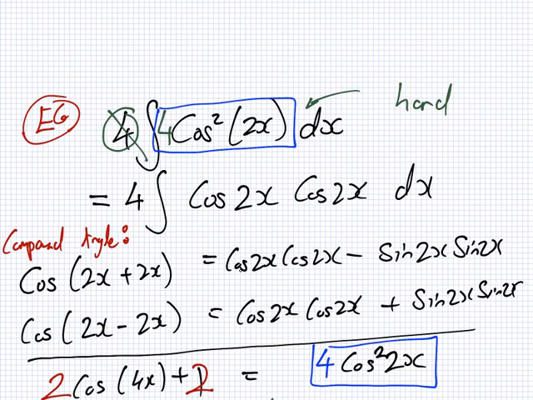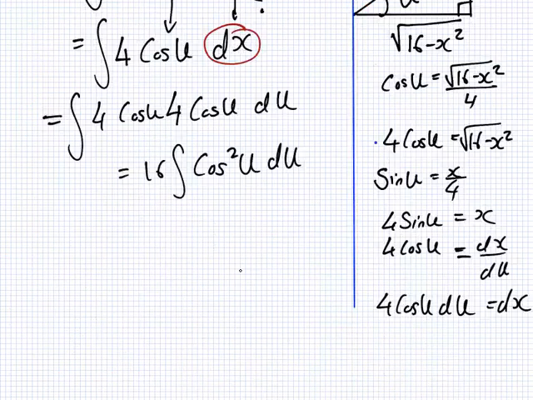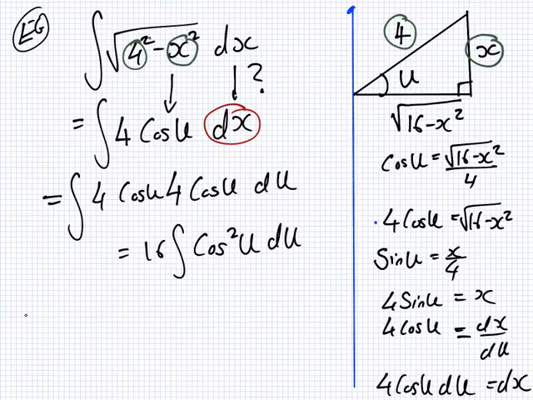Nearly the very first example. My very first example was 4 cos squared 2x. So my point is, you can just do what we did in question 1.